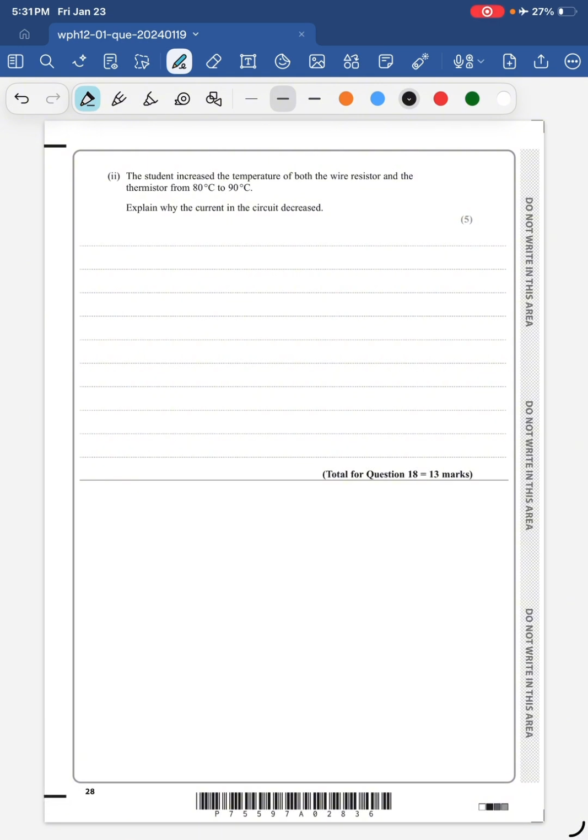Okay, and part 3, the student increased the temperature of both the wire resistor and the thermistor from 80 degrees Celsius to 90 degrees Celsius. Explain why the current in the circuit decreased.